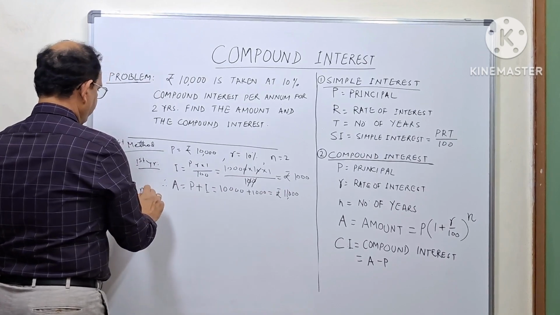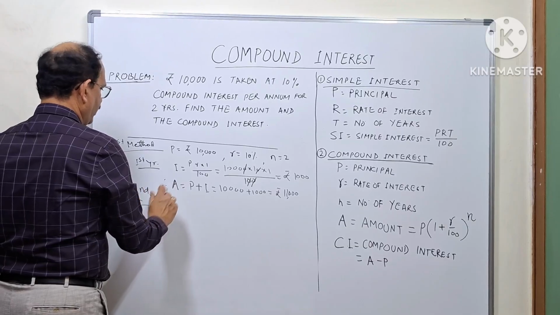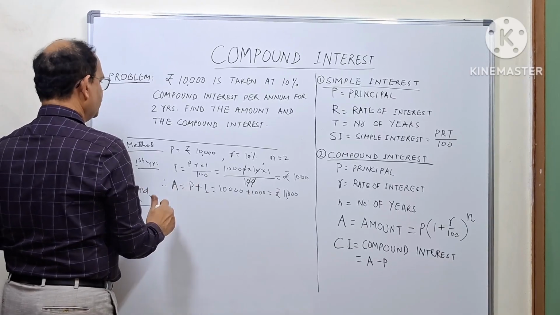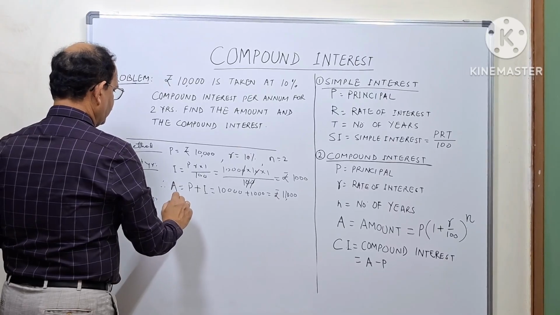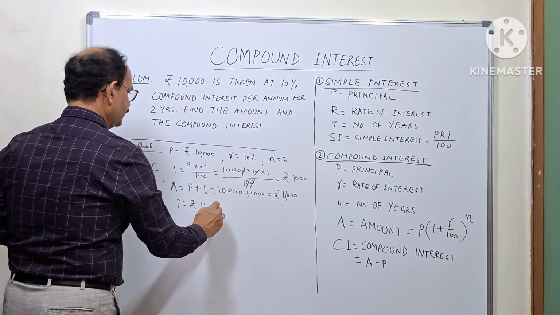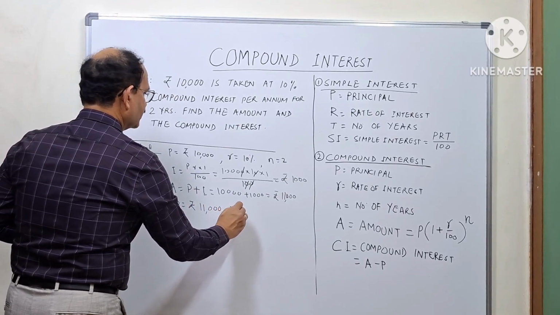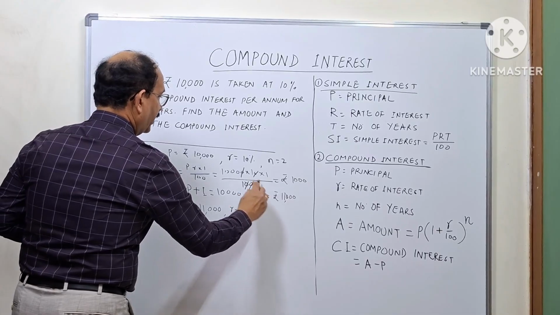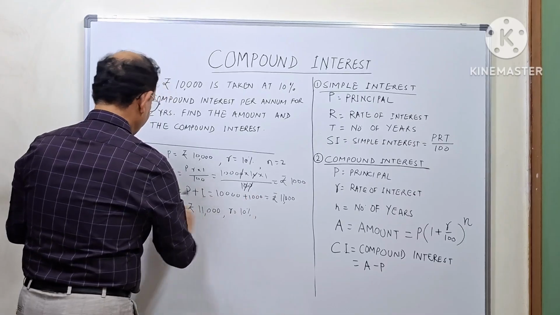What about second year? Second year, this amount of the first year becomes the principal. So in this case, my principal is rupees 11,000. Rate of interest is same 10%, and I am calculating for 1 year because that is second year.